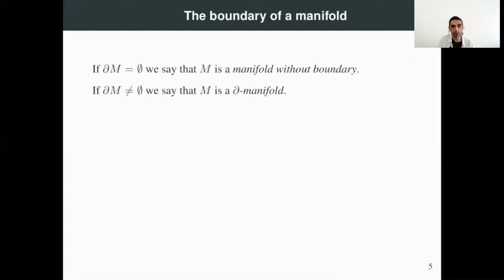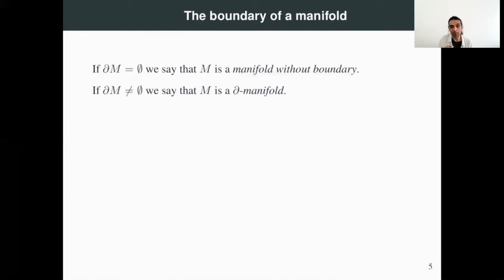Okay, so we know now that for a manifold with boundary M, we can define the boundary of the manifold, that we are going to denote like this, boundary of M. If the boundary of M is the empty set, we say that M is a manifold without boundary.